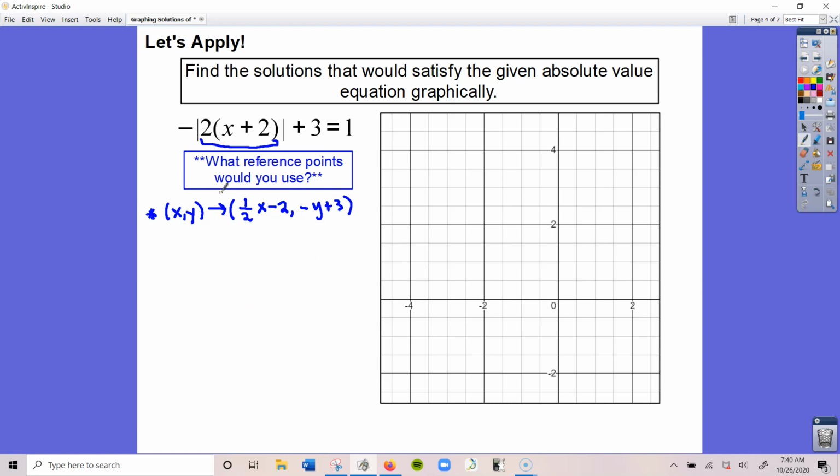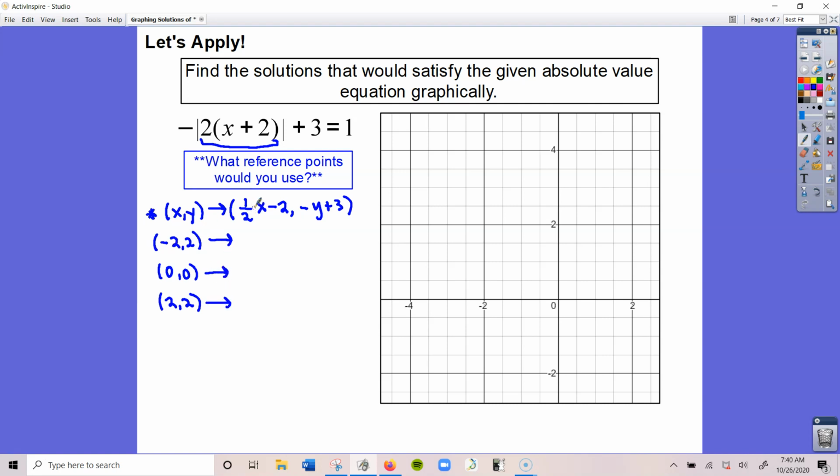Now for our reference points. It looks like I'm going to have to take my x values and divide by 2. So instead of using negative 1, 1, I'm going to use negative 2, 2, since it's going to be easier to divide. And instead of 1, 1, I'm going to use 2, 2. Now I'm ready to plug into the rule.